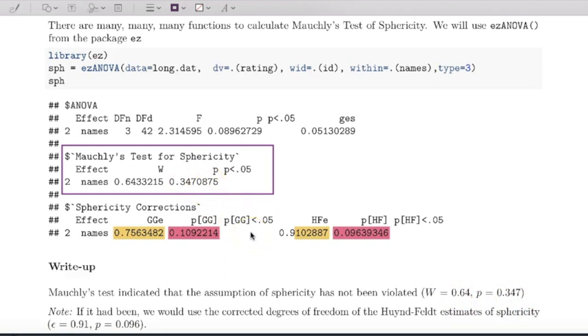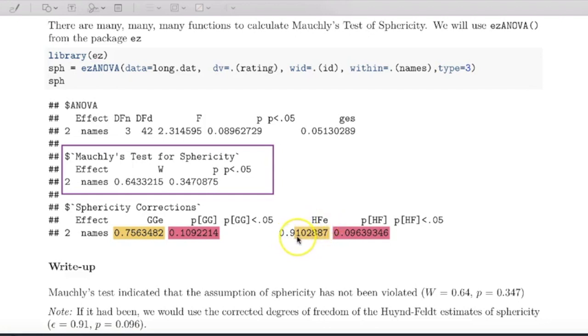So let's say you have a significant test of sphericity, then you would have to look at the Greenhouse-Geisser, and this is close to 0.75. That's dangerous. Because it's that close to 0.75 and not lower, I'm going to go to the Huynh-Feldt, which here just says HFe.